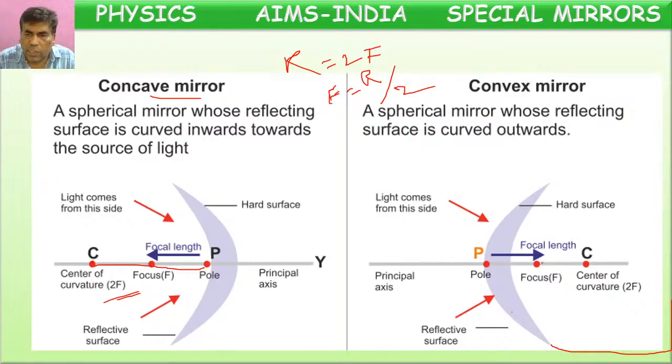What is this focus? The point where the reflected rays really meet or appear to meet is known as the focus. From the pole to the focus, whatever length is there is the focal length, which is half of the radius of curvature.